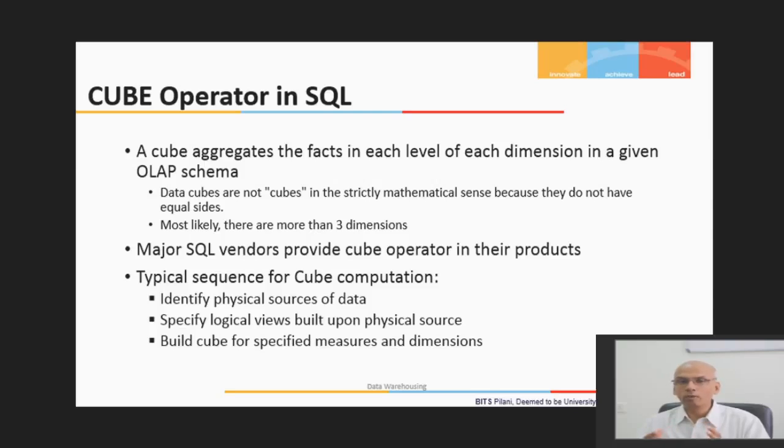As we may know, there are role-playing dimensions, so the same physical table may be playing multiple roles. For that reason, you need a separate logical definition to represent the dimensions and the facts, and then you can give the command to build the cubes, and after that you have all the summaries that are required, and you will be able to carry out the analysis.